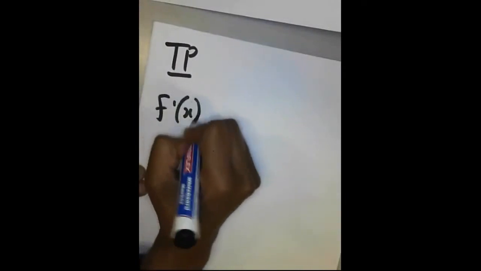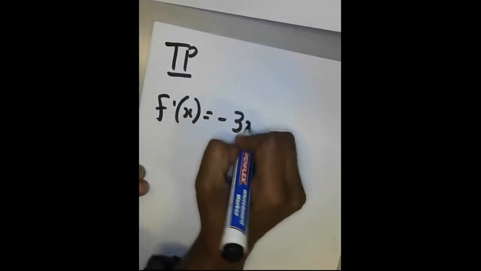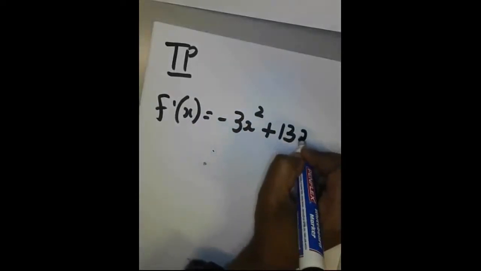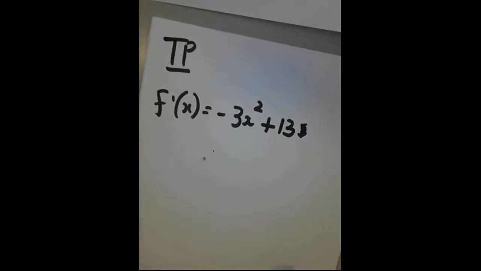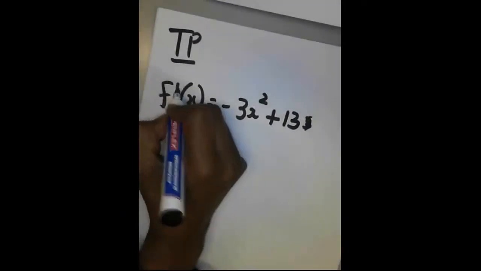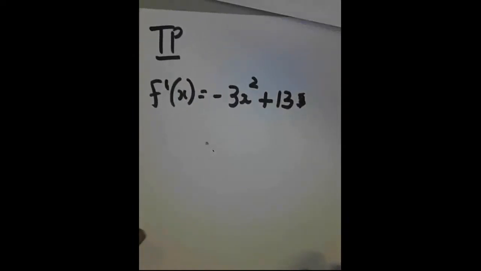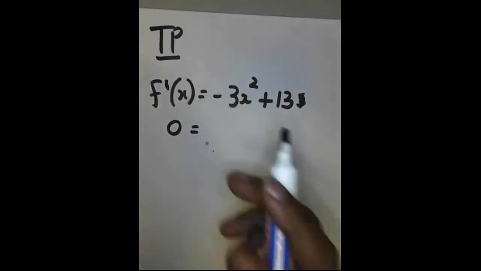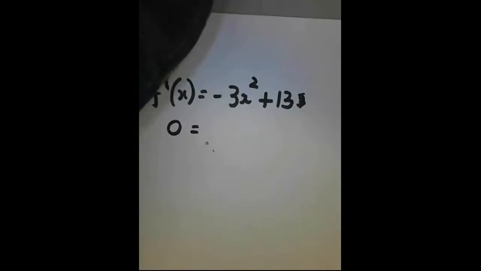So f'(x) will give me minus 3x squared plus 13. That is my derivative of this graph. In other words, ladies and gentlemen, if I set it equal to 0, I just want to see if my graph is upside down.